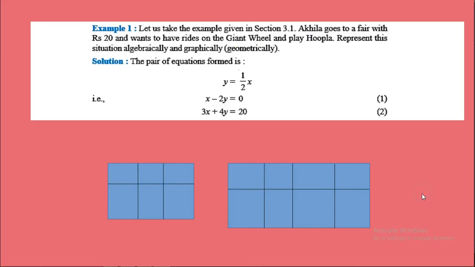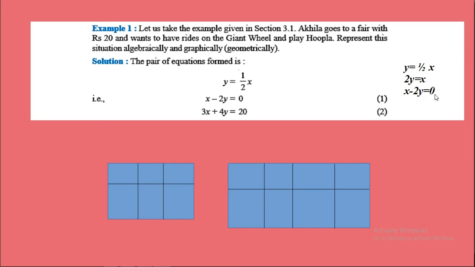Okay, now let's go to the example here, and we get the two equations. From y equal to half x, we can write the linear equation as y equal to 1 by 2 into x, that is, when taking this 2 to this side we get 2y equal to x, and when taking 2y to this side we get x minus 2y equal to 0.